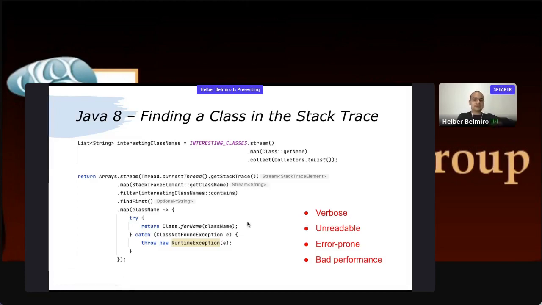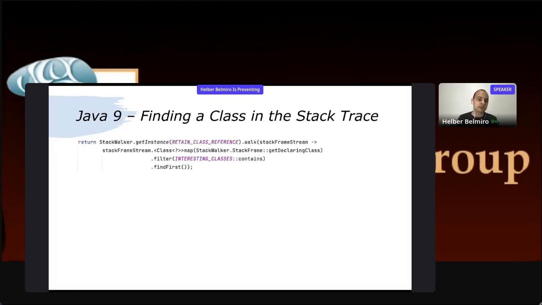And also this had a bad performance because when you get the stack trace, you get an array of stack trace elements, and each object in this array has a lot of information, and this information is expensive to get. So doing this has a very bad performance.